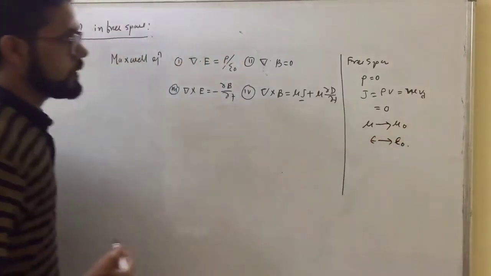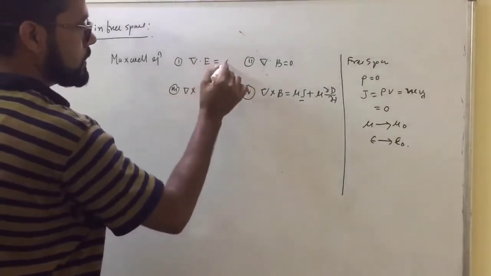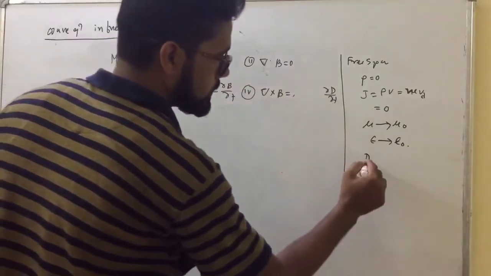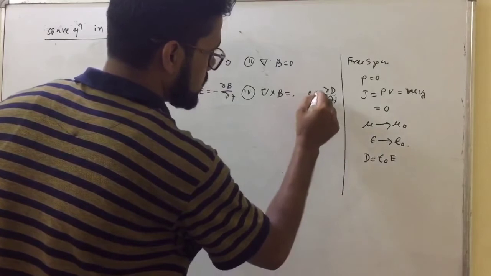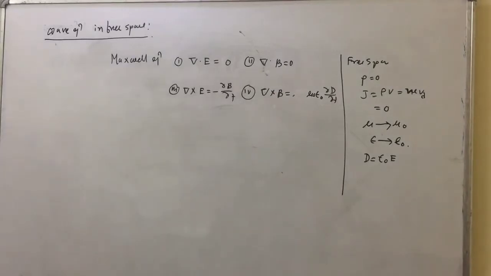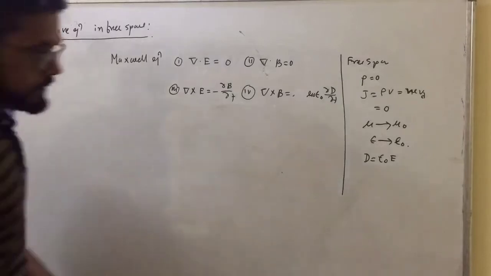These are the parameters. So for the wave equation in free space, this term will be 0 and this term will be 0, and the other term is the displacement vector, epsilon naught E, so you can write mu naught epsilon naught. This is the Maxwell equation in free space.